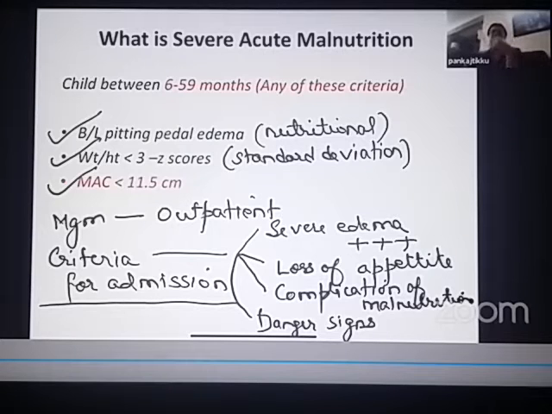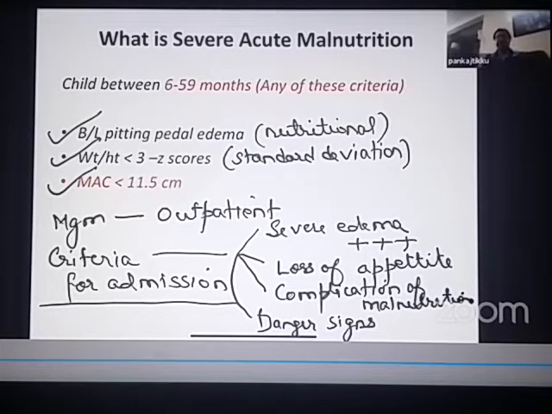Danger signs such as lack of thirst or unable to take fluids, unable to take food, hypothermia, hyperthermia, signs of infections, septicemia. So these are the danger signs. There can be any danger sign present. There can be a complication of malnutrition present. There can be loss of appetite, and there can be severe edema. Any of these 4 criteria if present, this child requires admission.